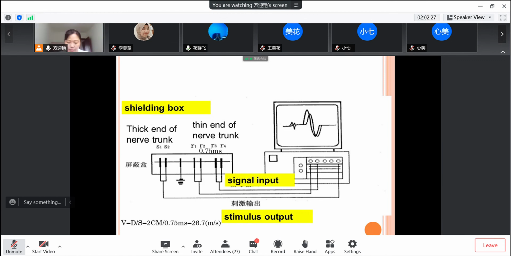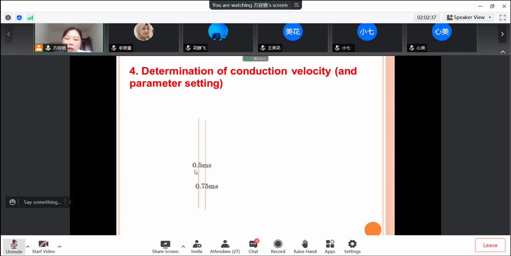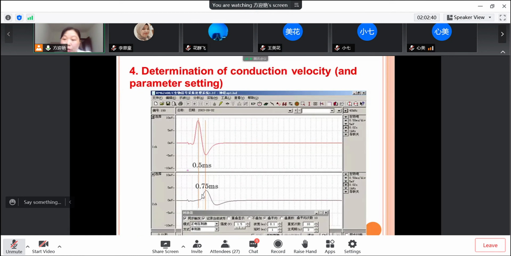Yes, teacher. Yeah. I hope you understand this is the calculation, how to calculate that, and you should also understand why the action potential can be conducted without distance decrease: the nerve trunk is not only one nerve fiber, it's a bunch of nerve fibers.